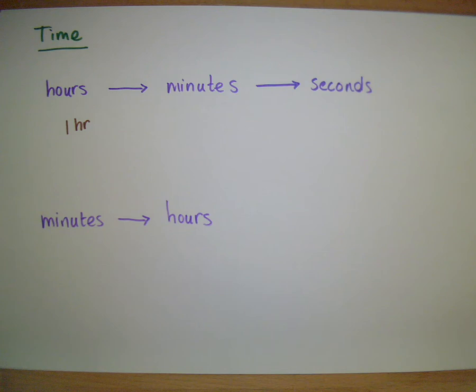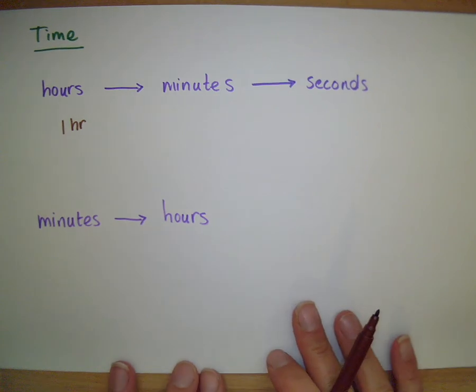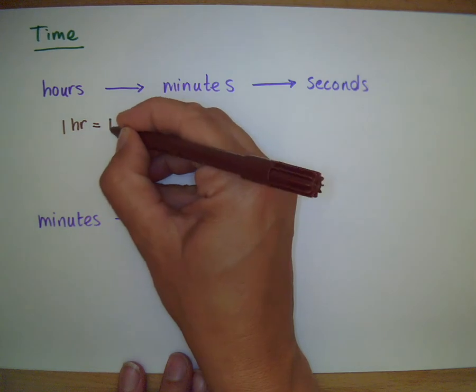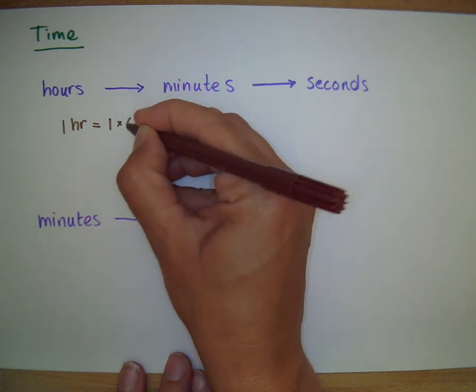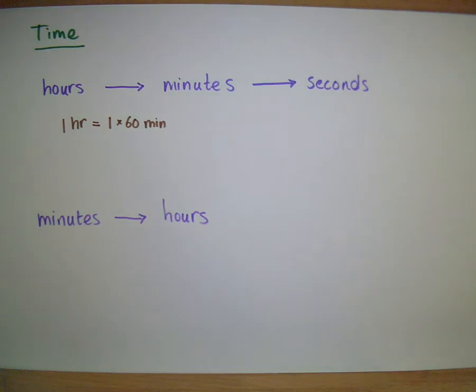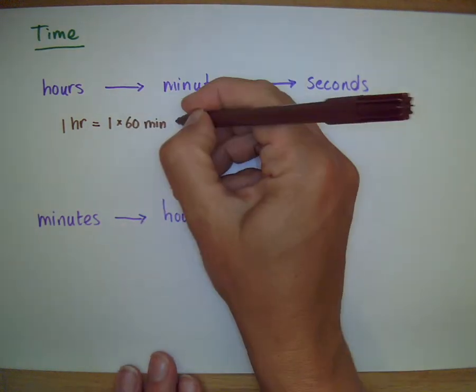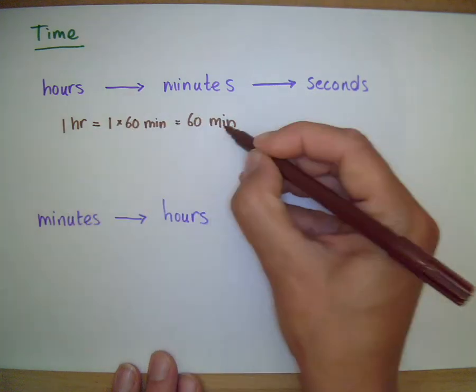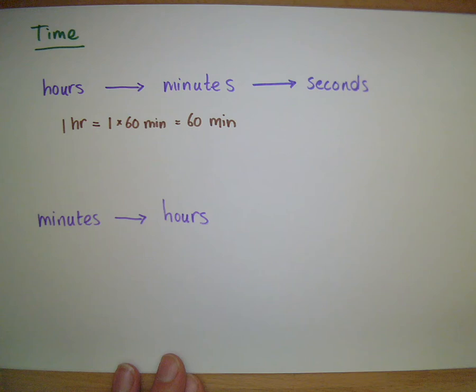So what is that in minutes? 1 hour in minutes is obviously 1 times 60 minutes, because there's 60 minutes in an hour. 1 times 60 is 60 minutes. 1 hour is 60 minutes, right?